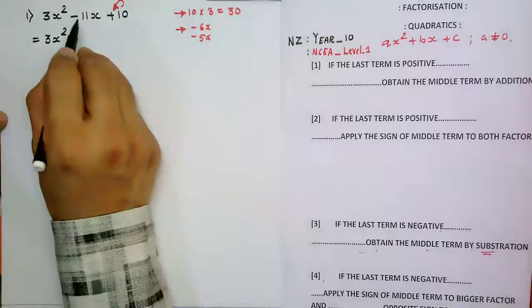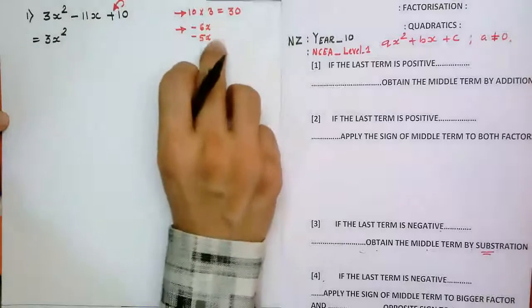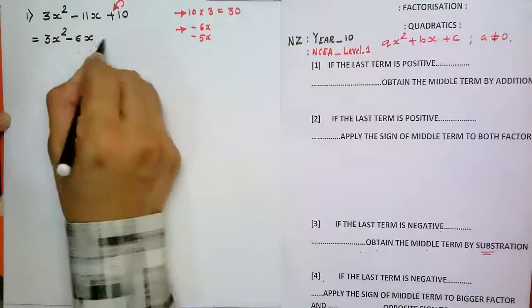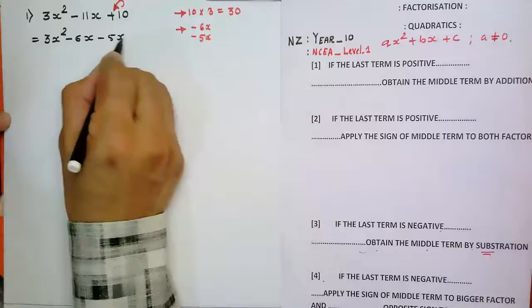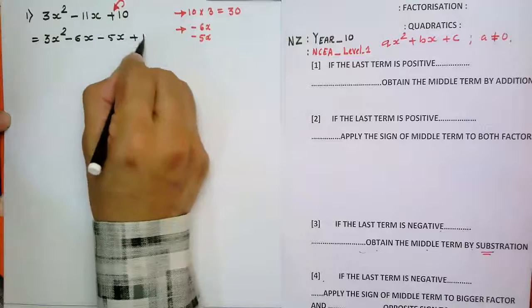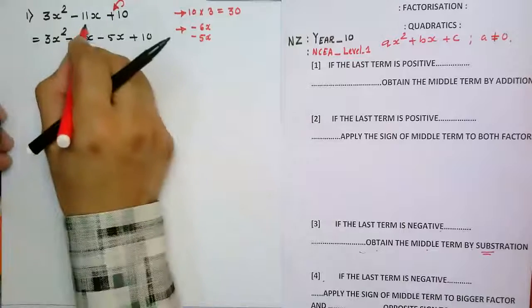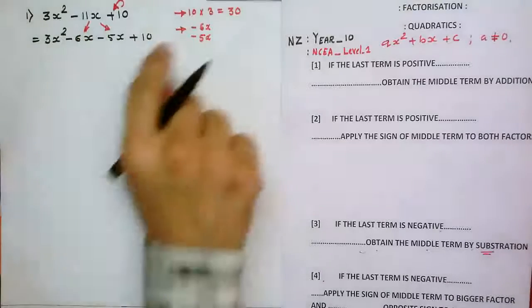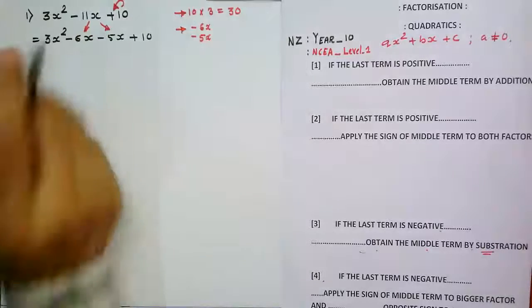Instead of this minus 11x, I will write these two terms, that is minus 6x minus 5x plus 10. This minus 11x is replaced by this minus 6x and minus 5x.